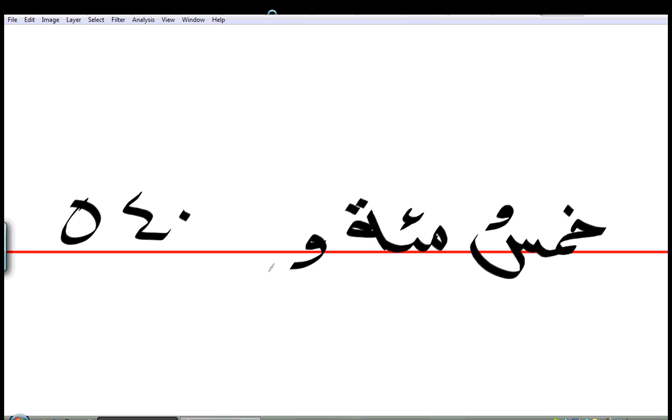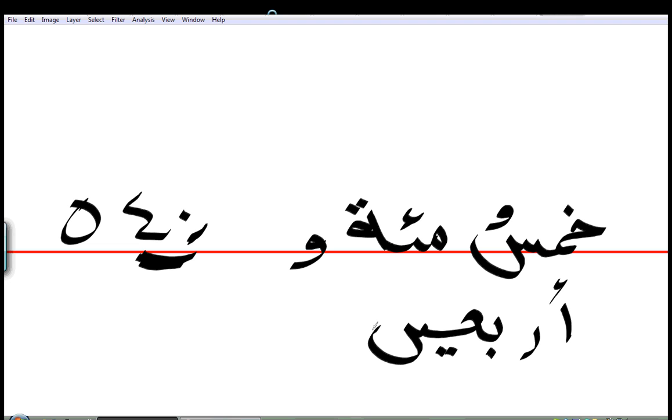If you didn't get that from the last time, 500 wa. How do you say 40? Read this number. We don't say صفر وأربعين. So the number 0 is never pronounced, okay, or never written. So it's 500 وأربعين, or 540.